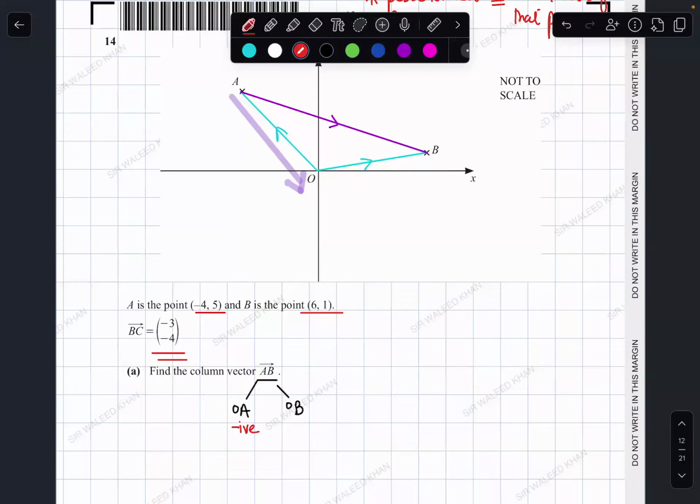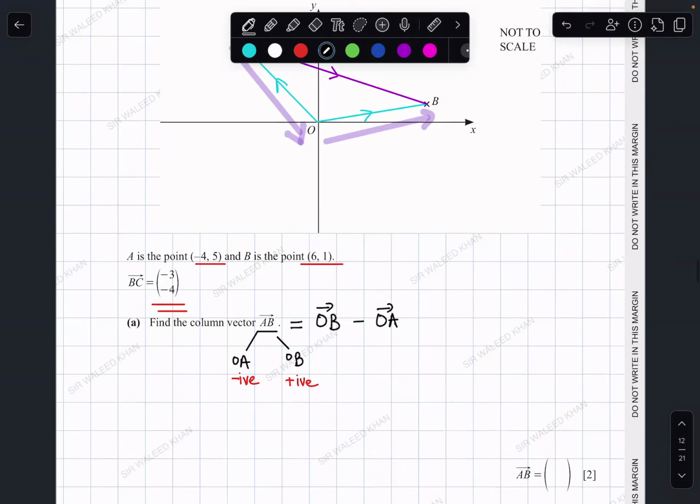Okay. And the second one, you can see we are moving in the same direction. So that is why your second one will always be positive. Okay. So you can split a vector into its position vectors and write it like this, OB minus OA. That's the case every time if we split a vector into its position vectors.